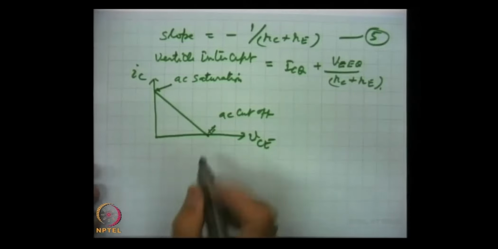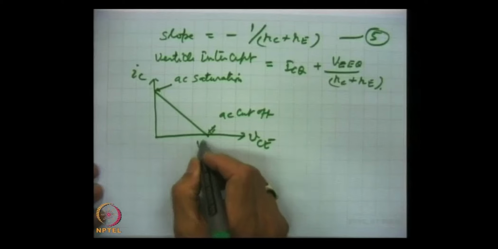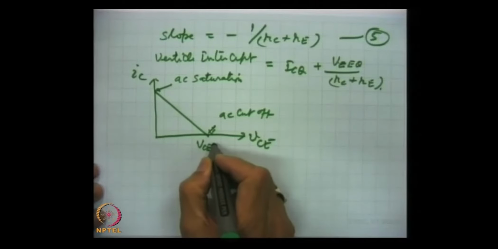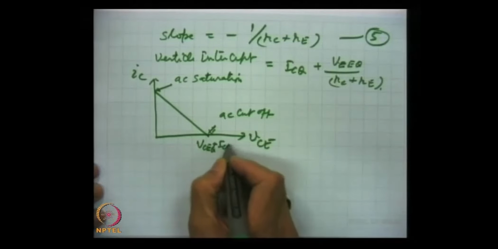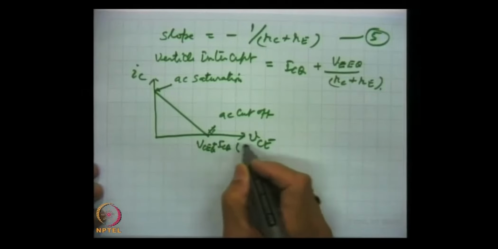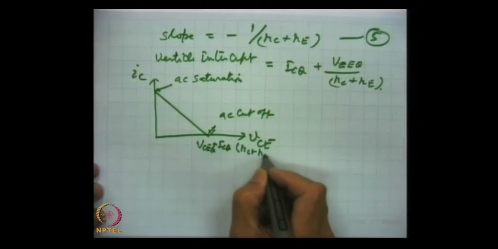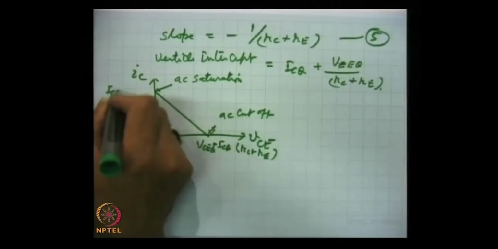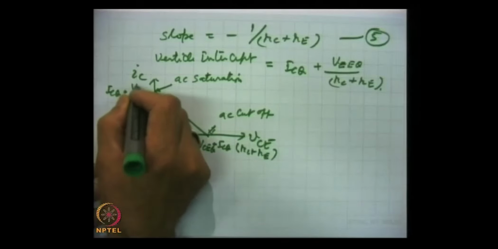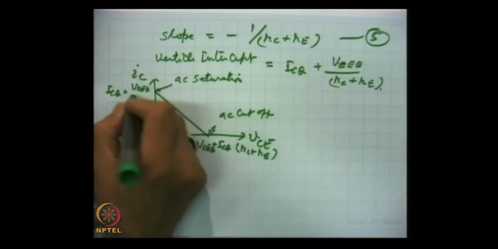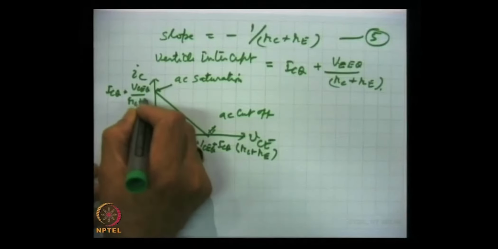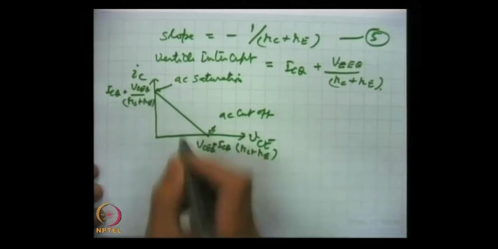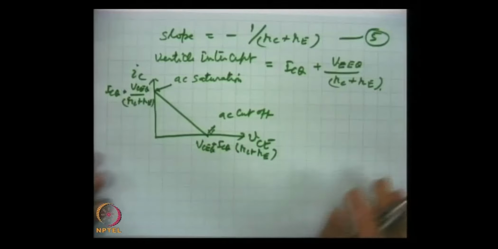This point is VCEQ plus ICQ into RC plus RE, while this point is ICQ plus VCEQ by RC plus RE. These points have to be remembered.